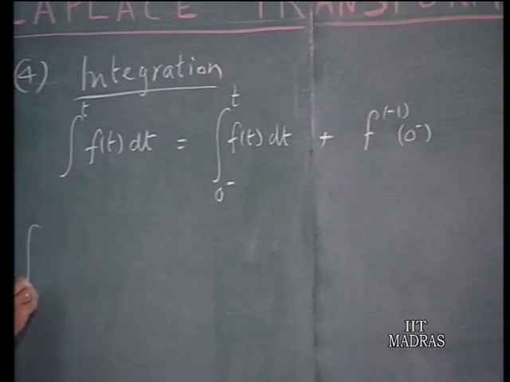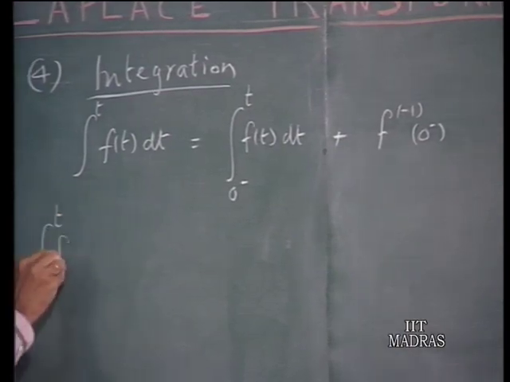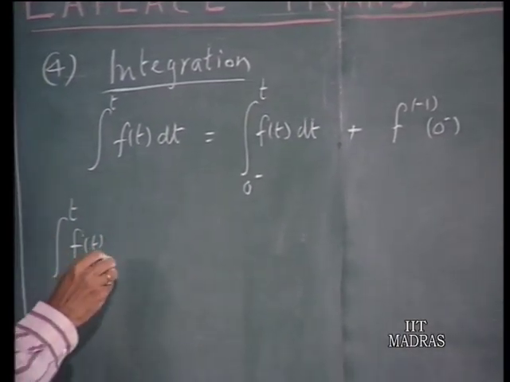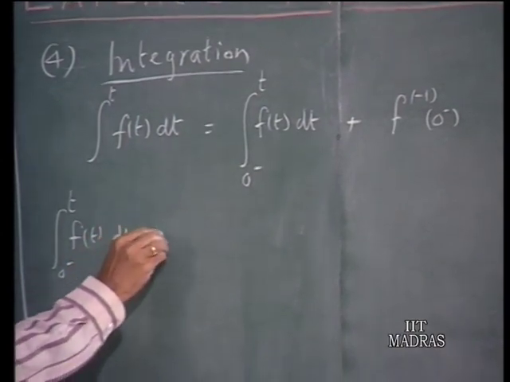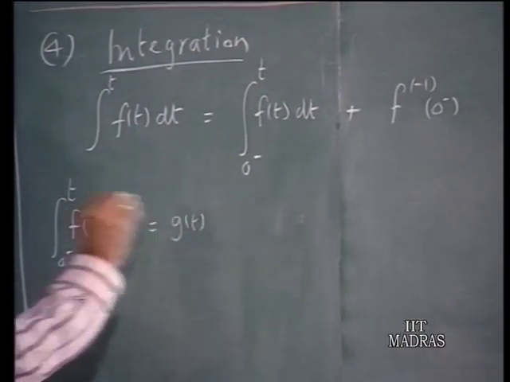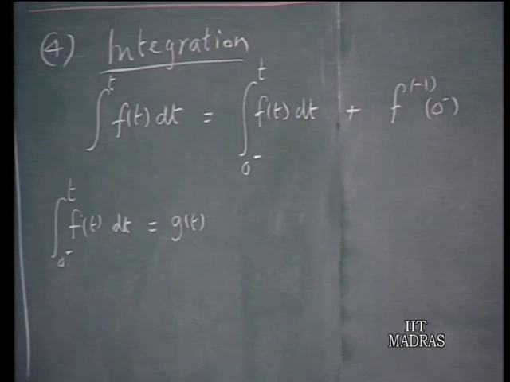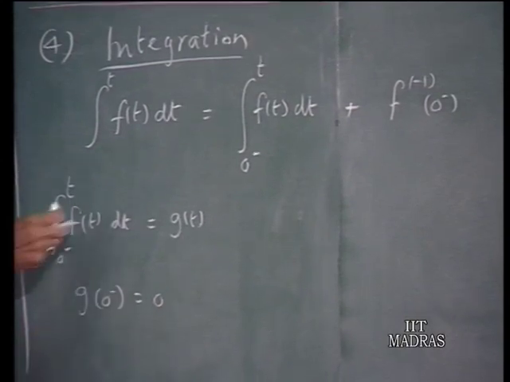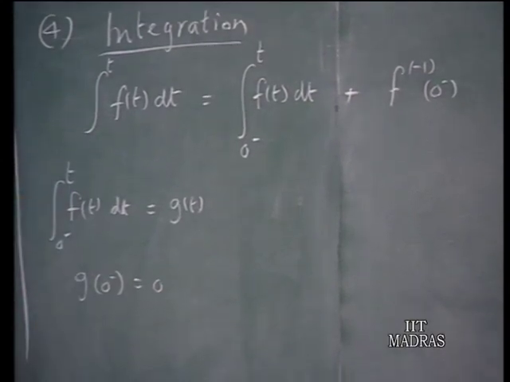So, the integral from 0 minus to t of f(t) dt, suppose I call this g(t), then we know straight away that g(0 minus) is equal to 0, because we are taking the integral between the same limits, 0 minus to 0 minus, so it must be 0.